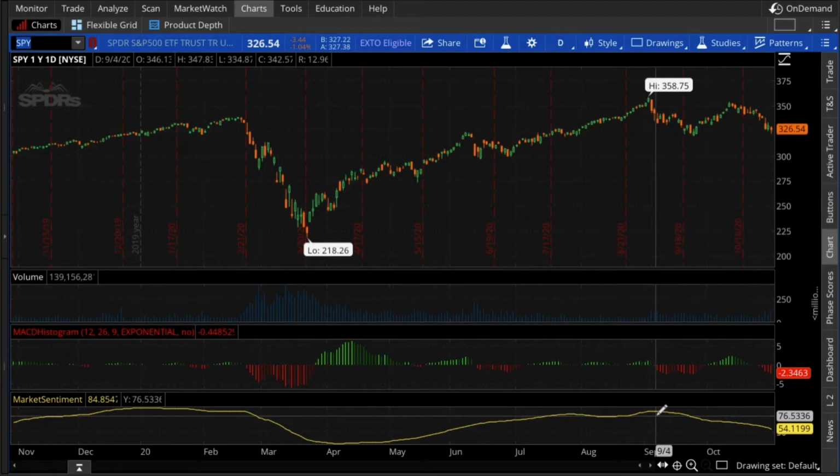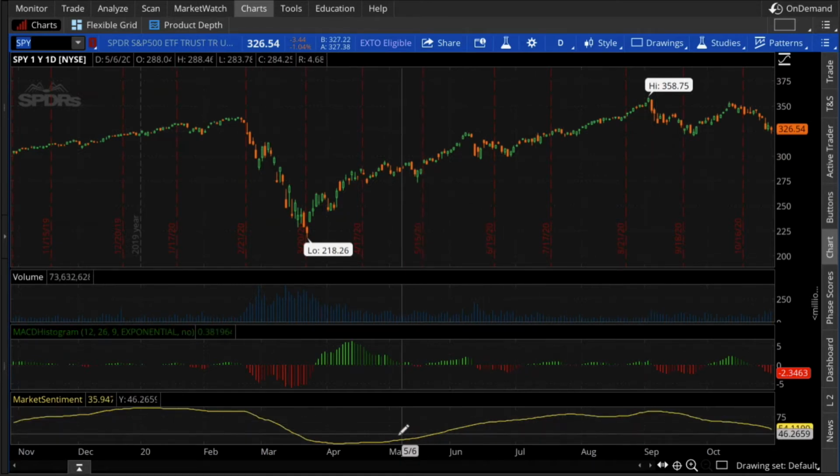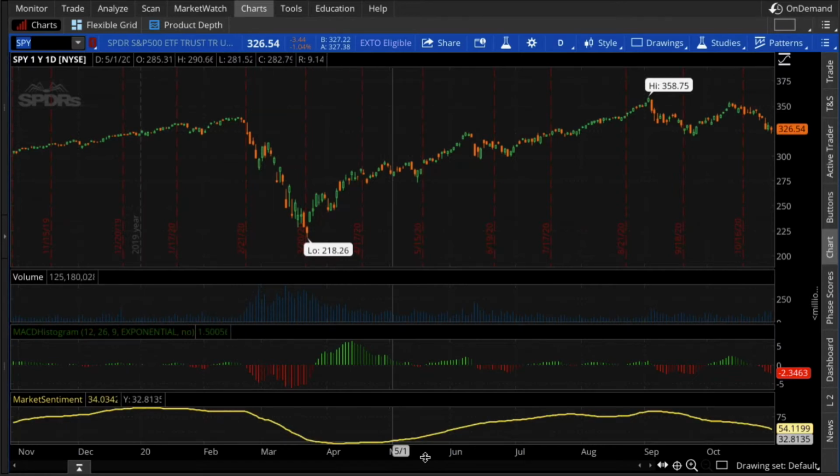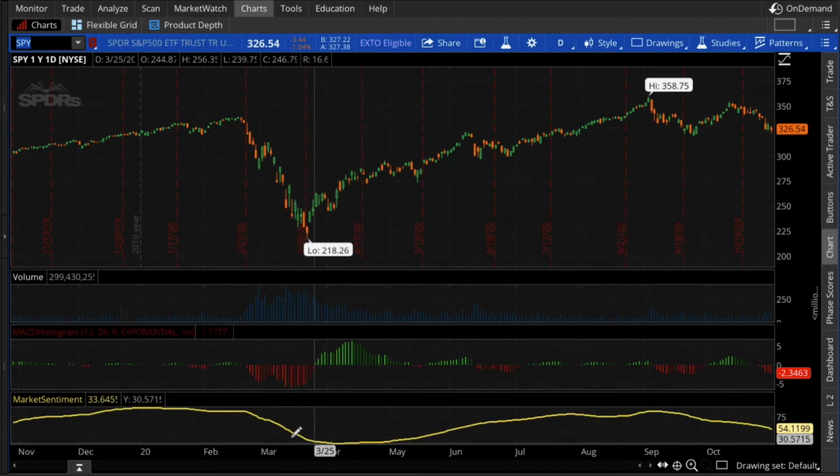And then market sentiment is essentially how bullish the market feels about a certain stock or index in this case, or how bearish it feels. As you can see here, it's feeling very bearish in March.